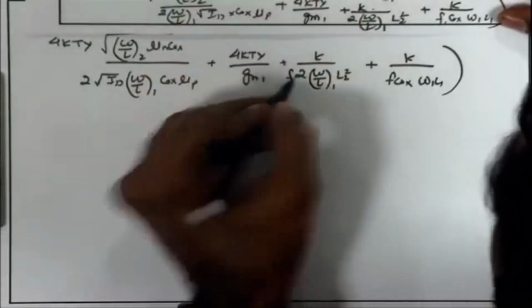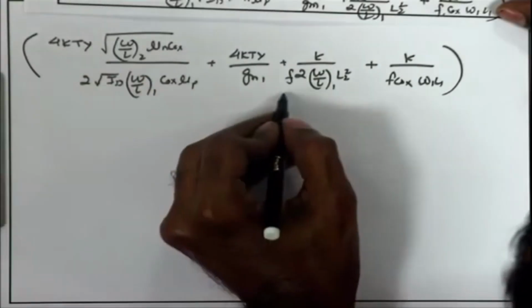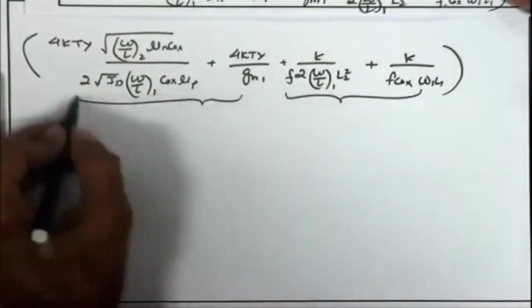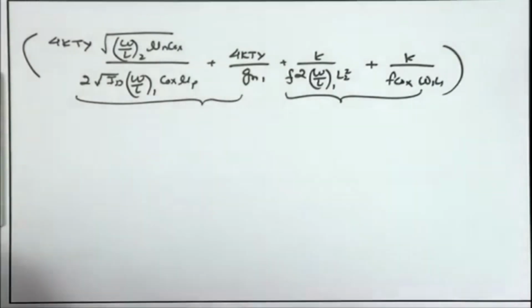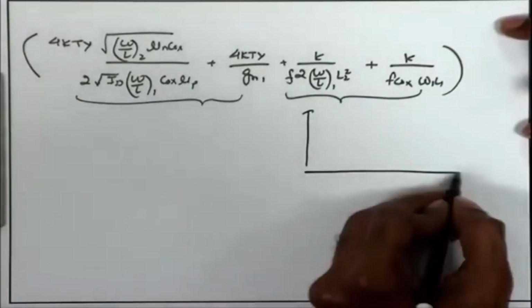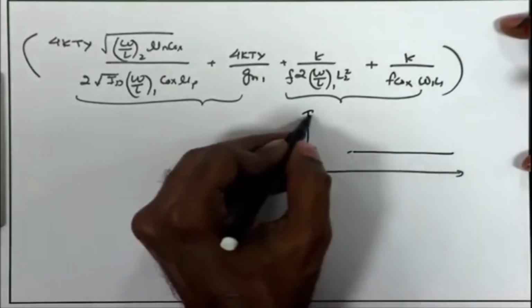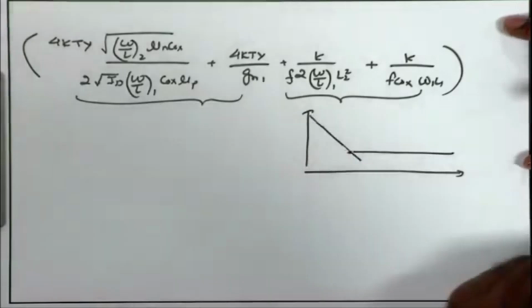And of course, in the first term also you have the f term, the frequency dependent term. So, these two are the frequency dependent terms, 1 upon f, and these two are the white noise terms. Yesterday we talked about the concept of corner frequency, where the white noise term and the 1 upon f term meet.